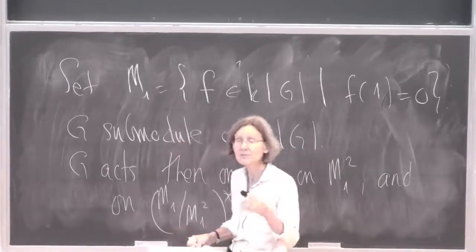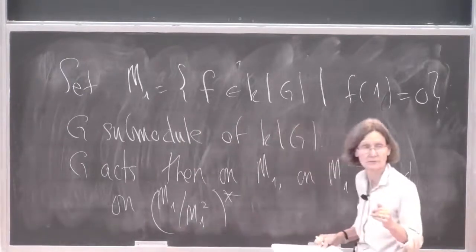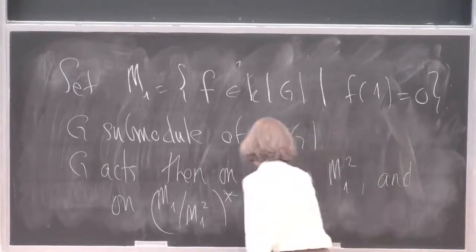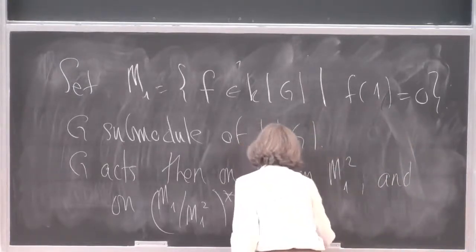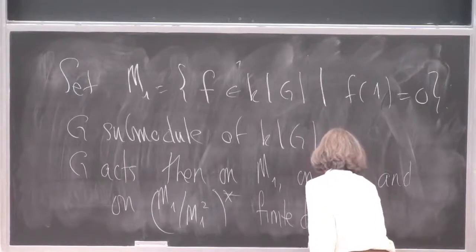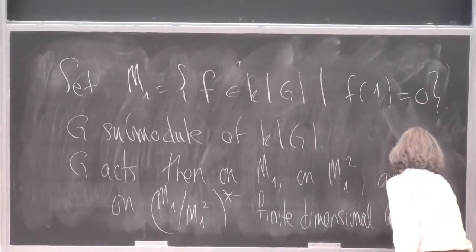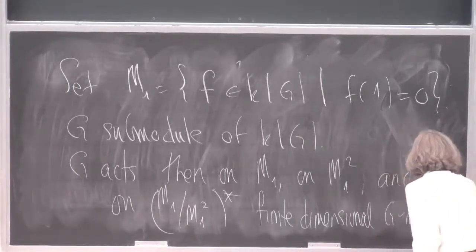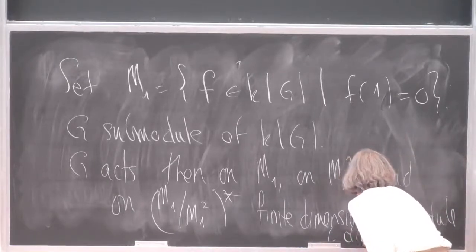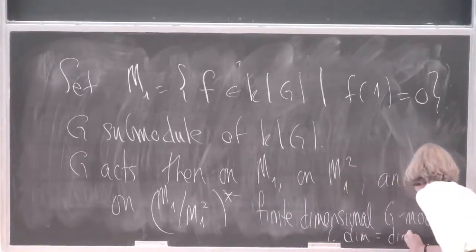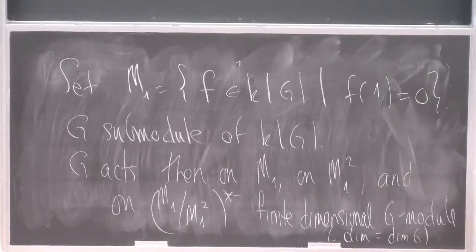Okay? Dimension equal to the dimension of the group. Wow, that's great. So this is a finite dimensional G module. The dimension is equal to the dimension of G. M1 squared is, as an ideal, you take M1, which is an ideal, and M1 squared is the ideal squared. Yeah, exactly.